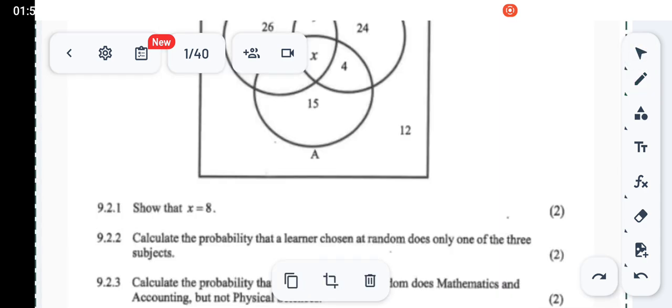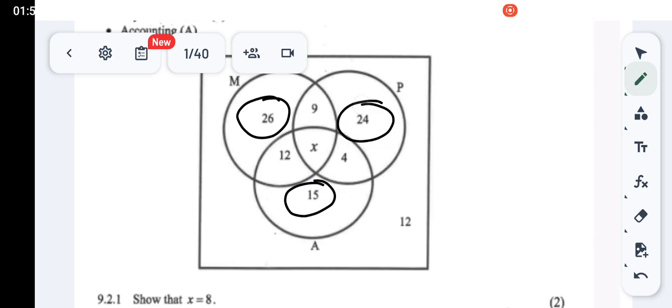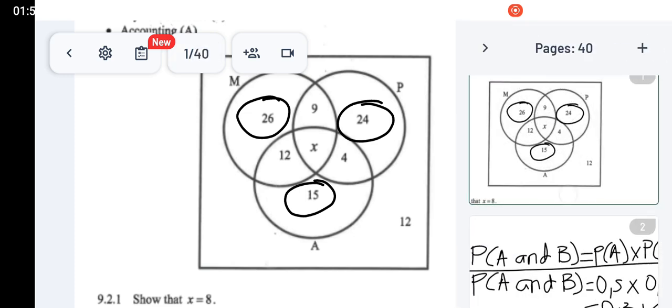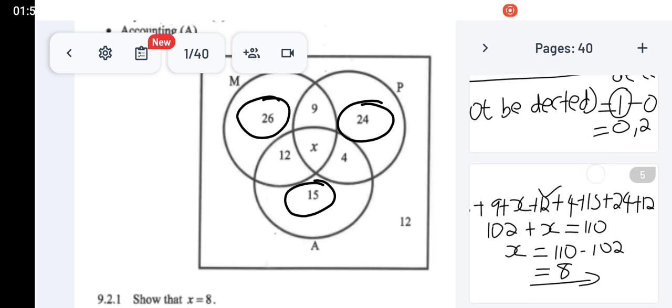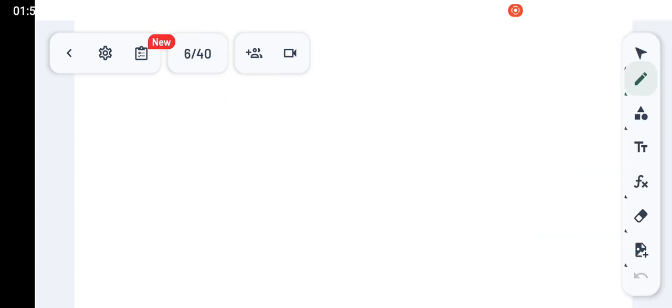So which values are we going to take here? Only maths, only accounting, only physical sciences. Those are the values that we are going to take. Okay, so it's 26, 24, 15. So we need to add them and then divide by the total sample space.